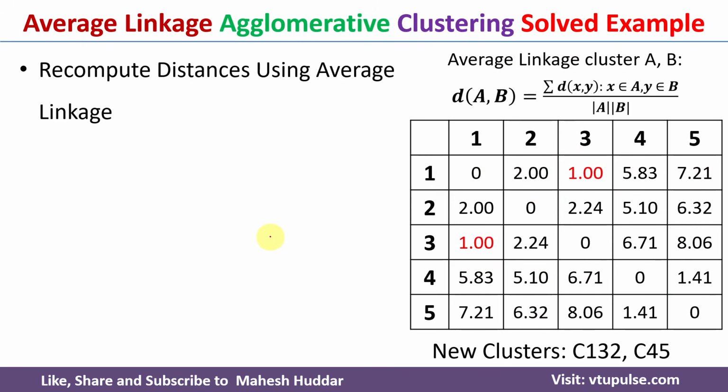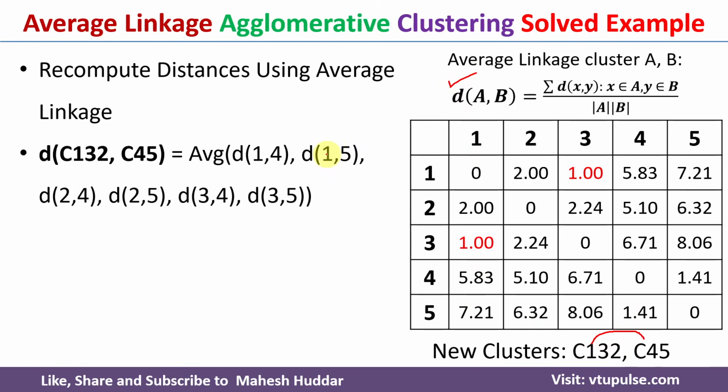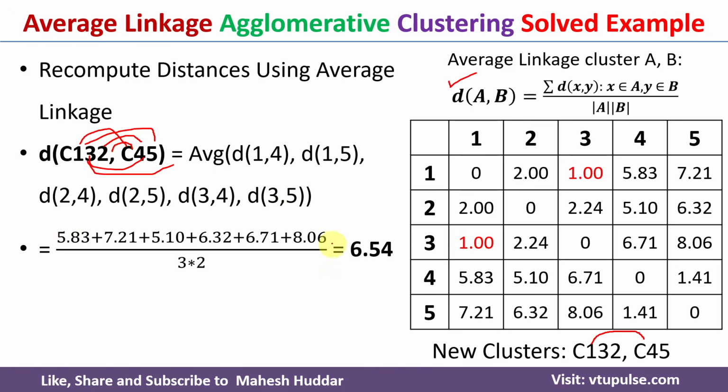Next, we need to recompute the distance using average linkage between the clusters C132 and C45 by using this formula. This is equal to the average distance between the data points 1 to 4, 1 to 5, 3 to 4, 3 to 5 and 2 to 4, 2 to 5. We know all the values, divided by the length of the first cluster.